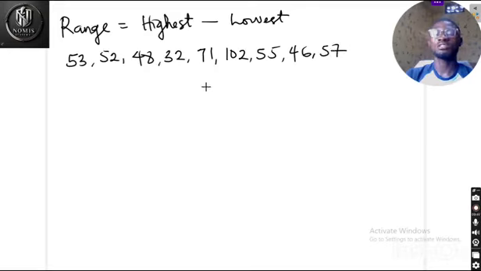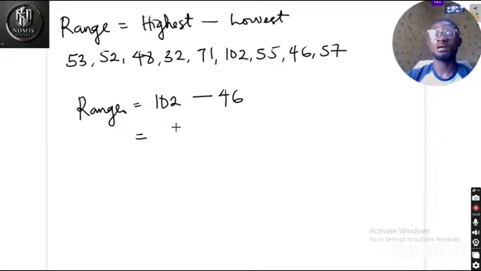What we need to do is look for the highest value. The highest value here is 102 and the lowest value is 46. So the range of the set of data is the highest value, 102, minus the lowest value, 46. So 102 minus 46 gives 56. This is the range of the data.